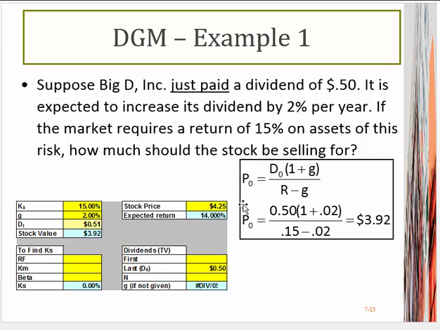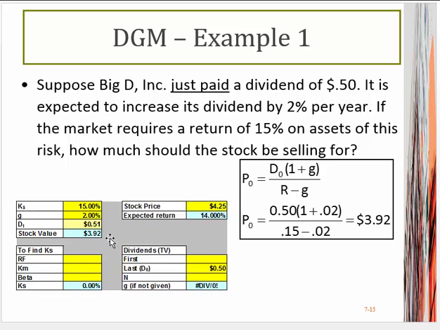You can plug the numbers into the formula, or you could use the stock valuation spreadsheet and type in the numbers you know. The most recent dividend just paid, D0, is 50 cents. Required return is 15%. They give you a 2% growth rate. So this stock should have a value of $3.92.